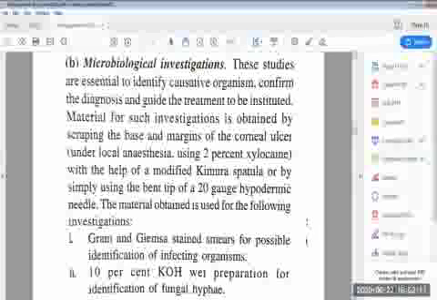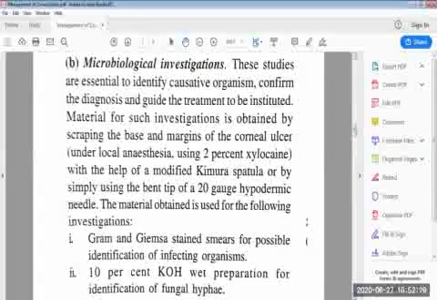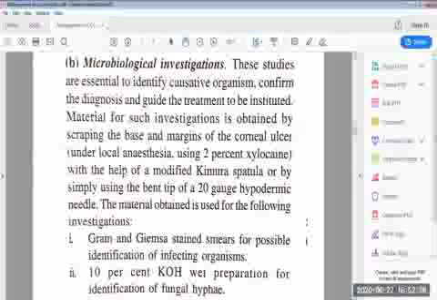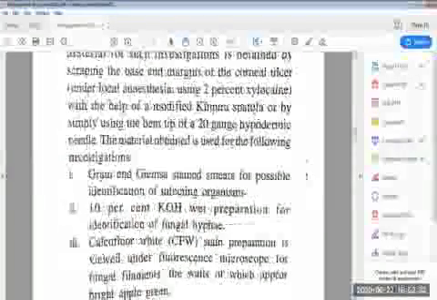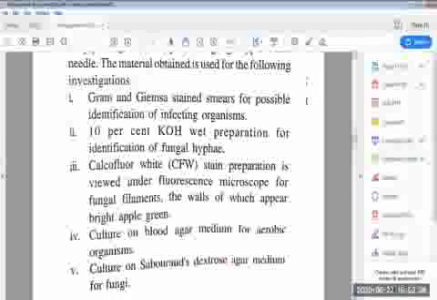Material for such investigations is obtained by scraping the base and margins of the corneal ulcer under local anesthesia using 2% xylocaine, with the help of a modified Kimura spatula or by simply using the bent tip of a 20-gauge hypodermic needle.